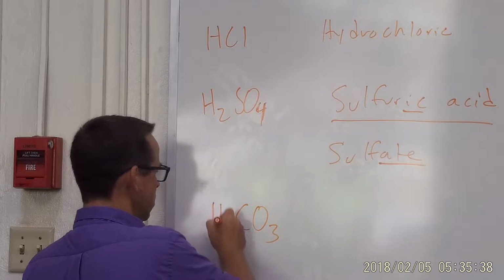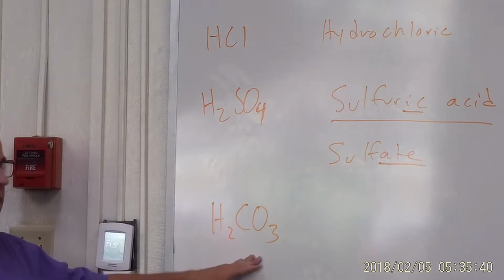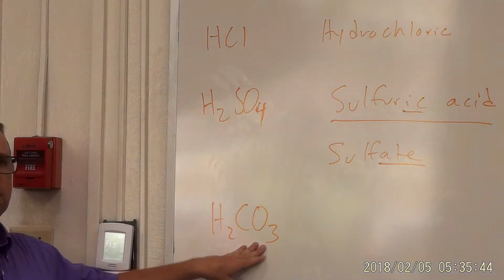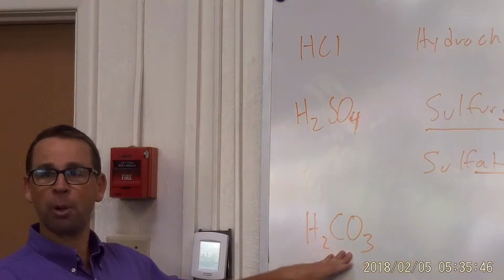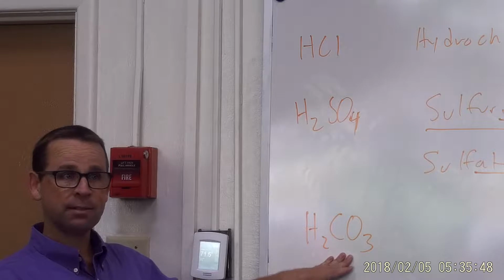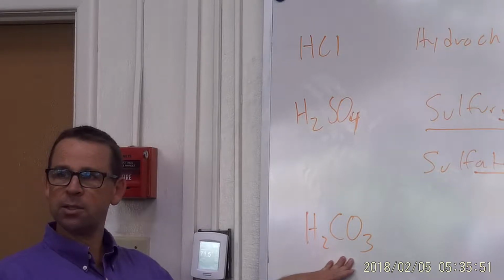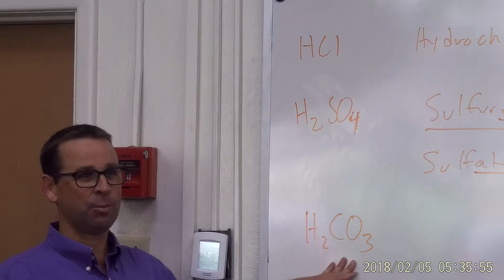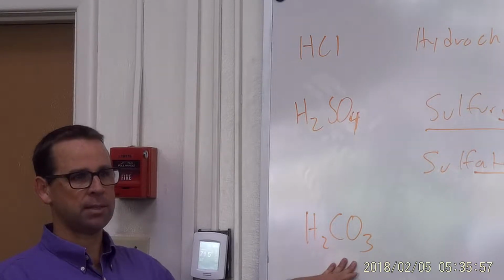All right? So here's another example. CO3. There's 2 hydrogens on there because the carbonate ion has a -2 charge. So here's an acid. The name of the polyatomic ion is carbonate. So the name of the acid is what? Carbonic. All right, carbonic acid.